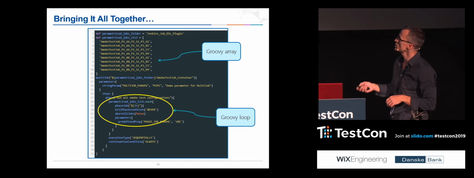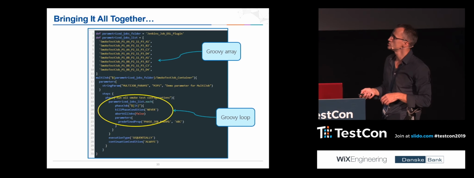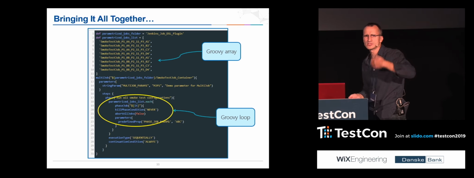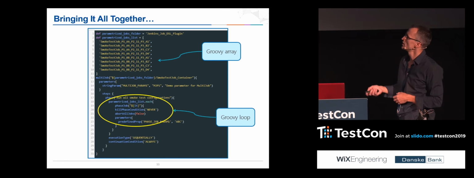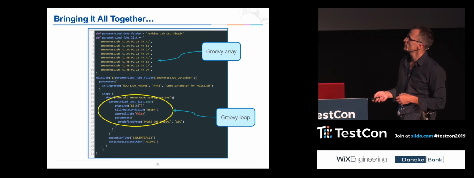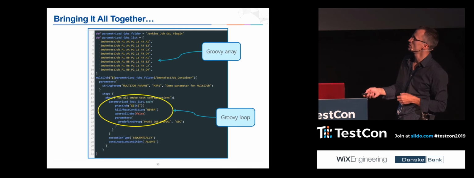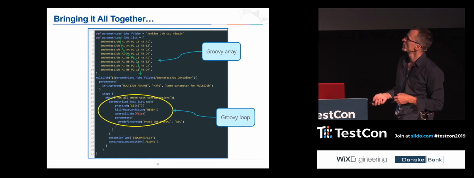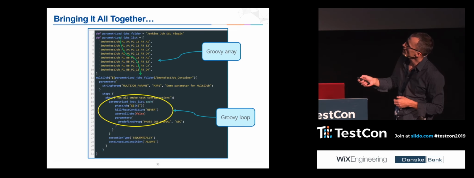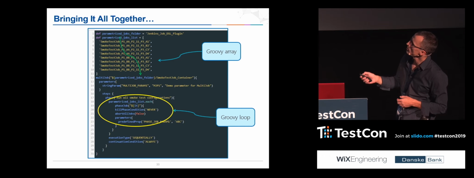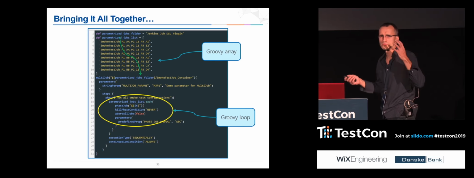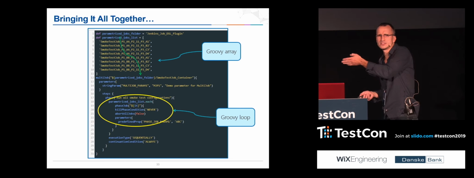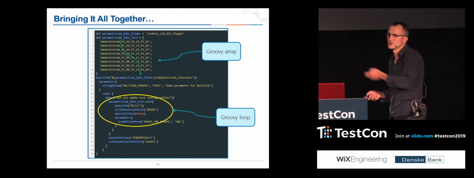I just use a loop over the Groovy list to generate the same steps all over again, to make life easier and more readable. You may also find that all the Groovy language syntax is valid in this script, right?